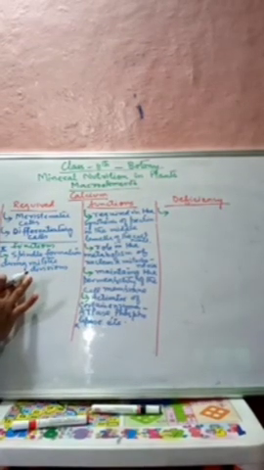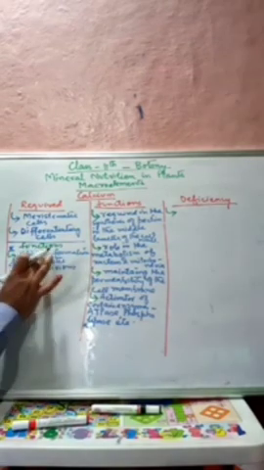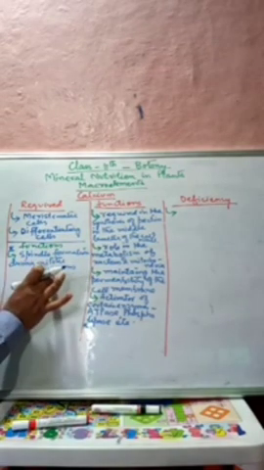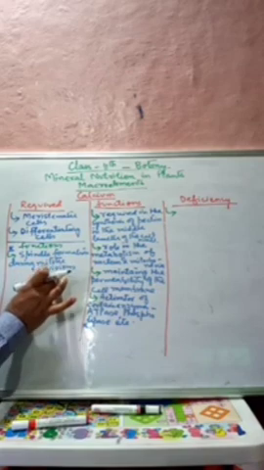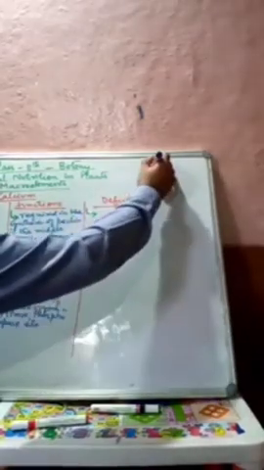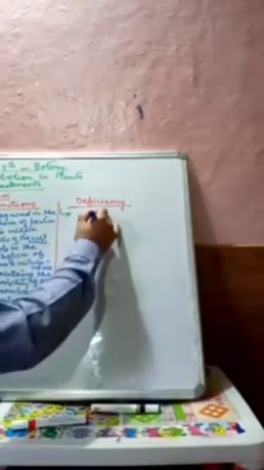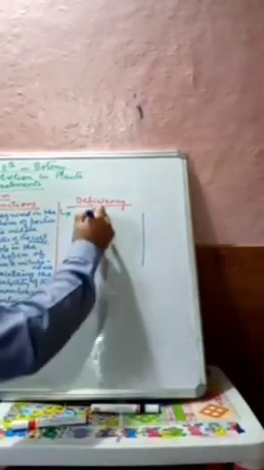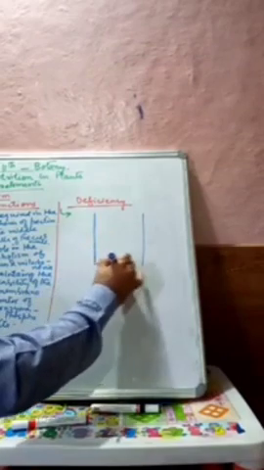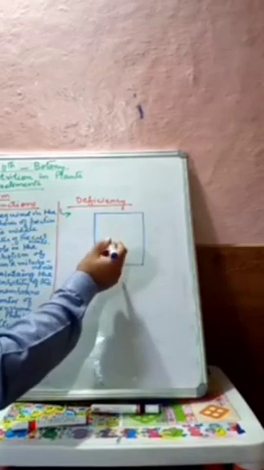Look at this point. Fifth point, spindle formation during mitotic division. In the mitotic division, it plays an important role in the spindle formation. Now, what happens there? If this is the plant cell, again, spindle fibres are formed.